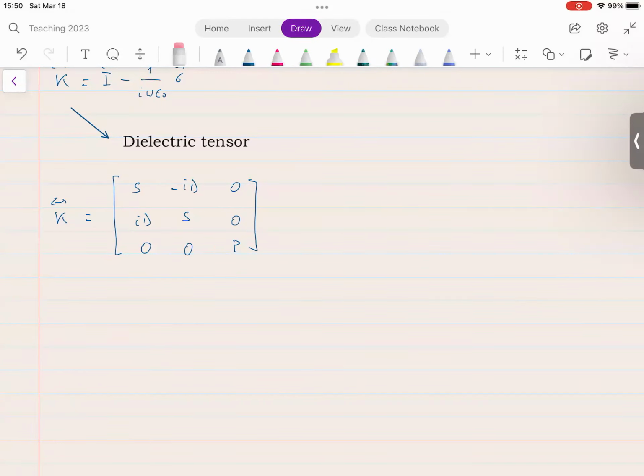Okay, let me now define what these quantities are. And these are defined as follows. S is going to be equal to 1/2 of R plus L, and D is going to be equal to 1/2 of R minus L, which is, I think, extremely informative.